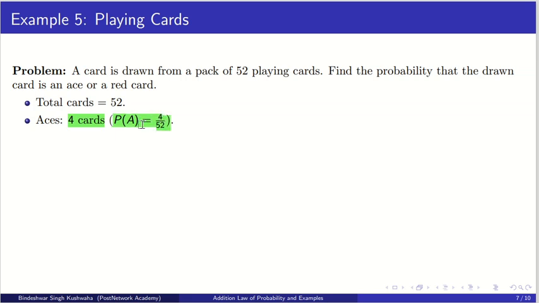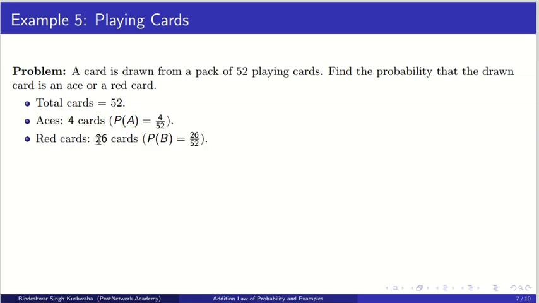So the probability of drawing an ace would be 4/52. And red cards, there are 26 red cards, so the probability of getting a red card would be 26/52. That is half, because half are red cards.